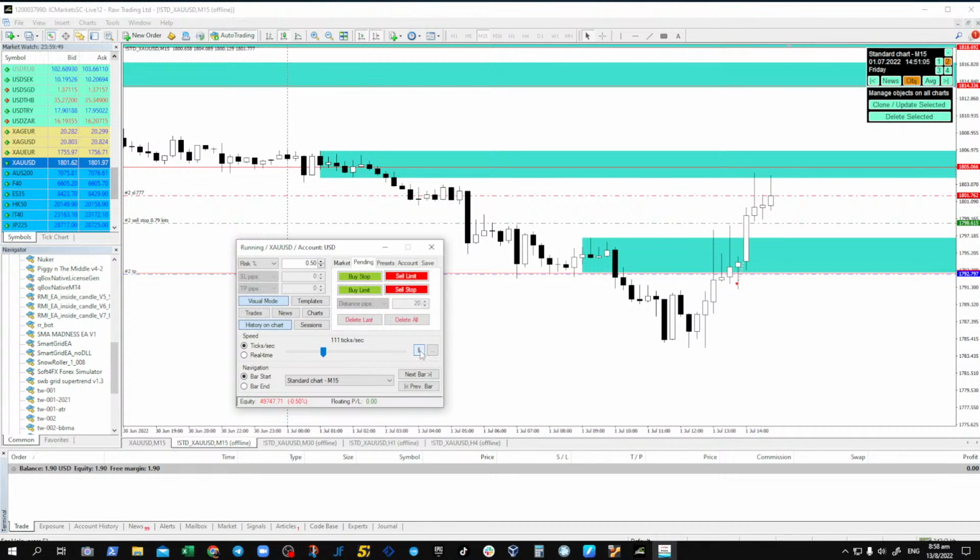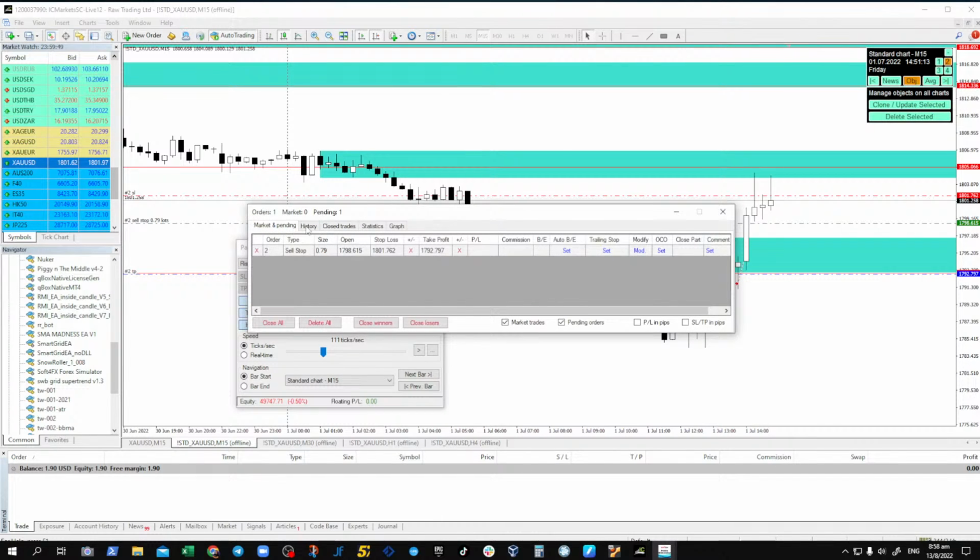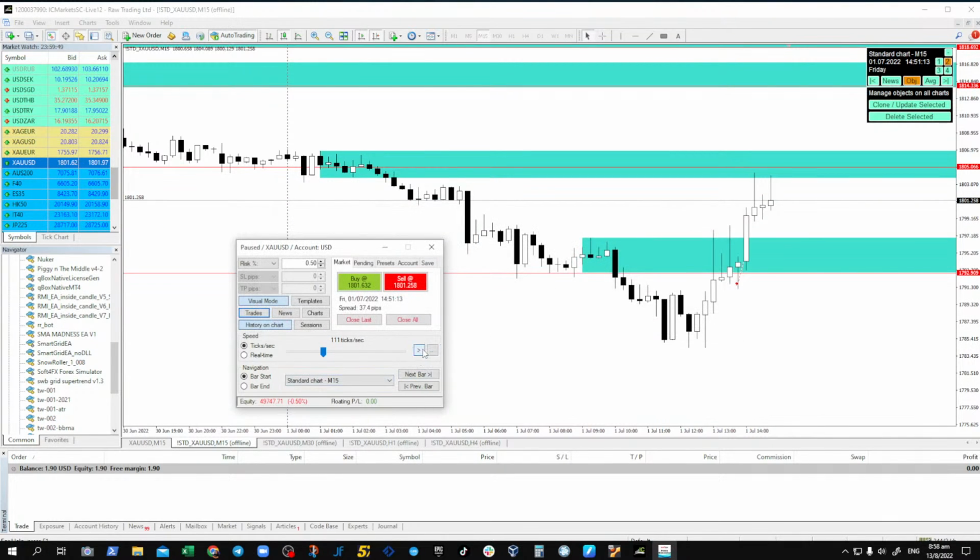What I want to do now is cancel this order. It's no longer valid. Okay, I'm going to remove this. Okay, let's see how this prints first.